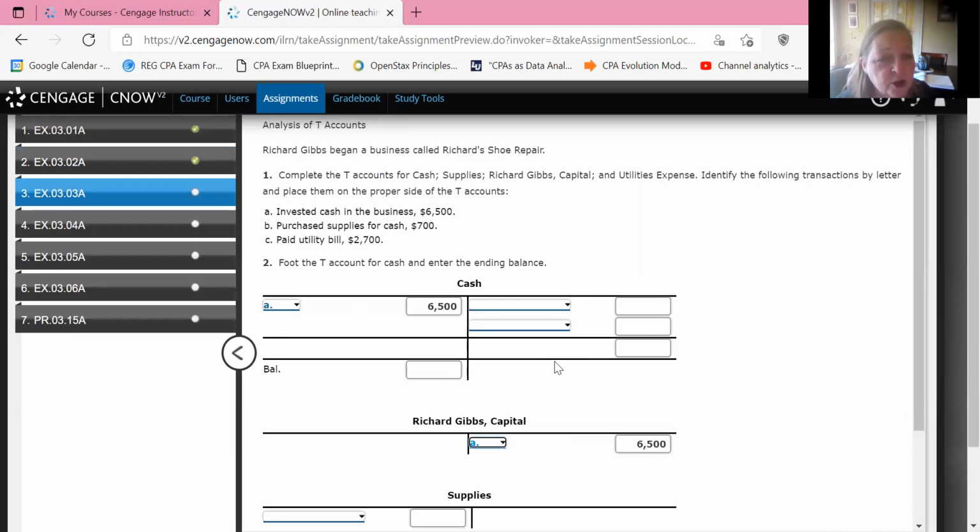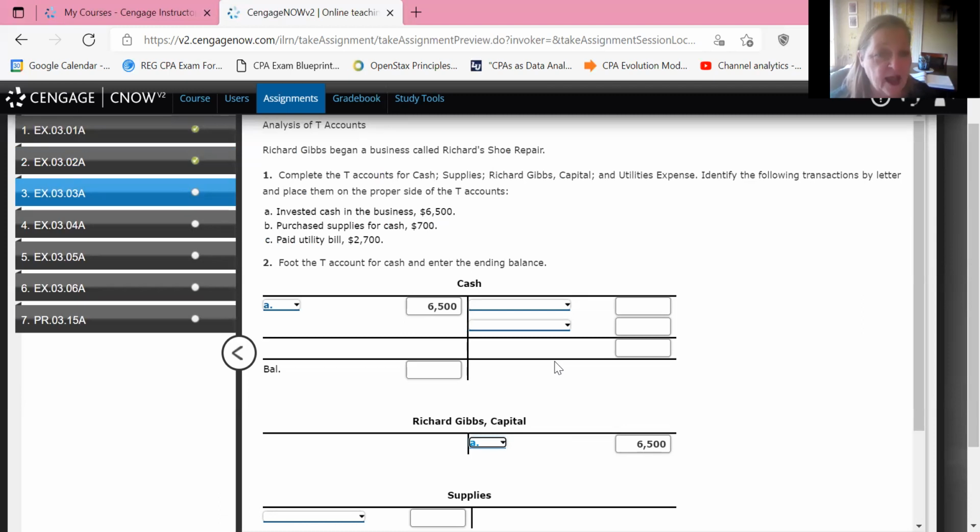So B, purchase supplies for cash. When it says purchase something, it means we bought it. My feeling is you should always do the part you're most comfortable with first. If I know supplies is an increase of an asset, it should be debited for $700, and if I know that really strong, I might put that first. But usually I take the impact on cash first, because I'm most comfortable with that.